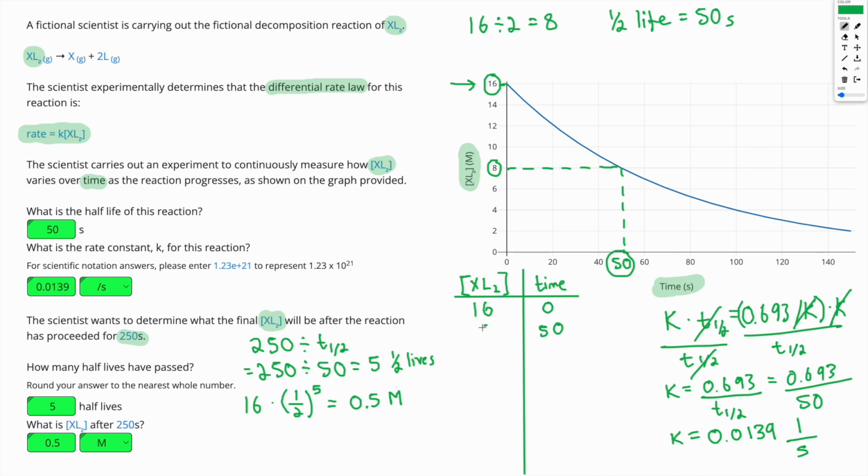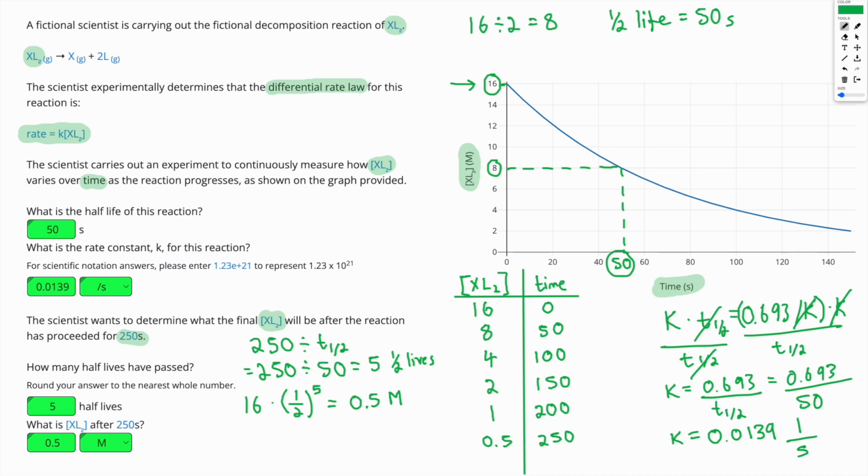Half of 16 is 8. After another half-life has passed, we'll be at 100 seconds and 8 will have halved to give 4. After another half-life, we'll be at 150 seconds and 4 will have halved to give 2. After another half-life, we'll be at 200 seconds, 2 will have halved to give 1, and then one final half-life will be at 250 seconds and 1 will have halved to give 0.5.